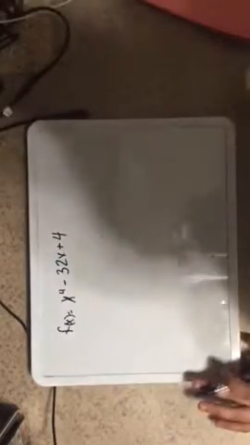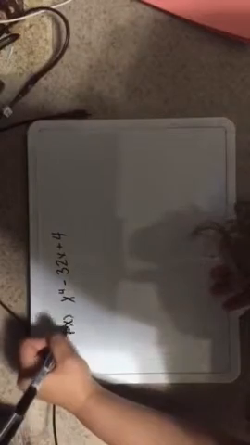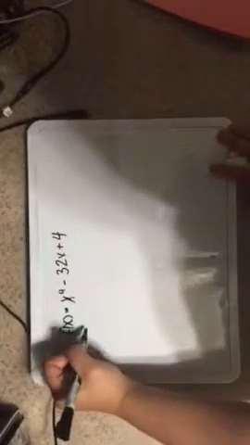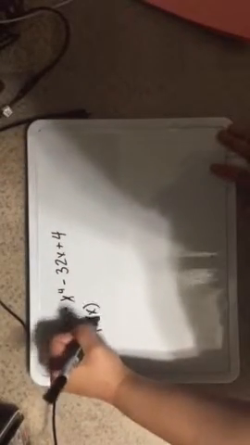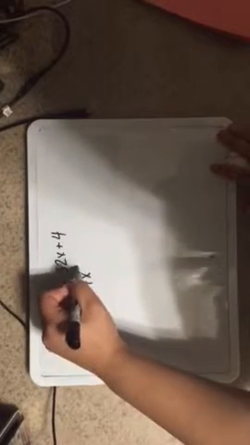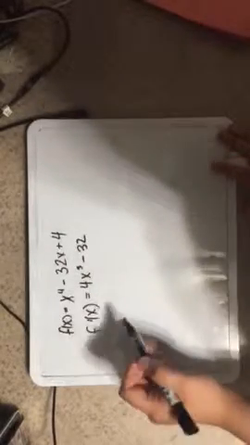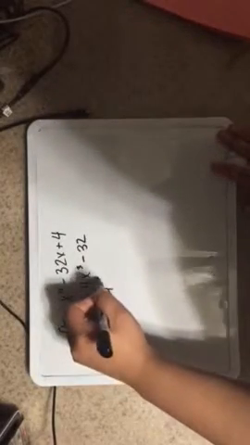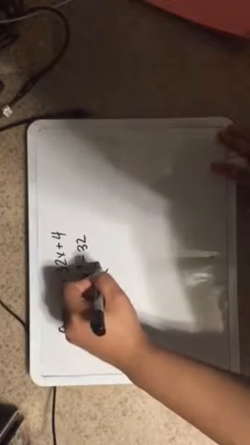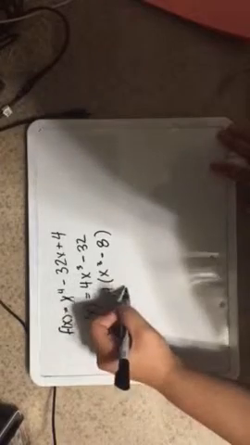So let's take f prime of x equals 4x to the 3rd minus 32. So we factor out 4, and we're left with x to the 3rd minus 8.